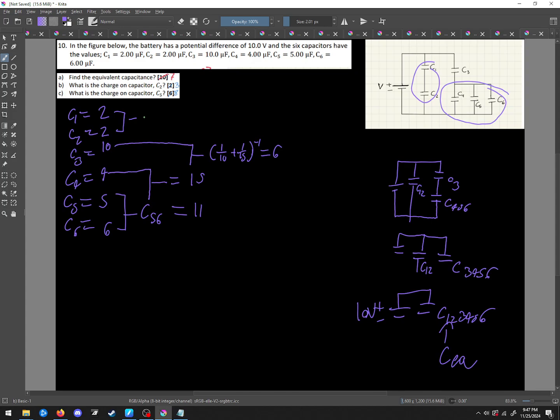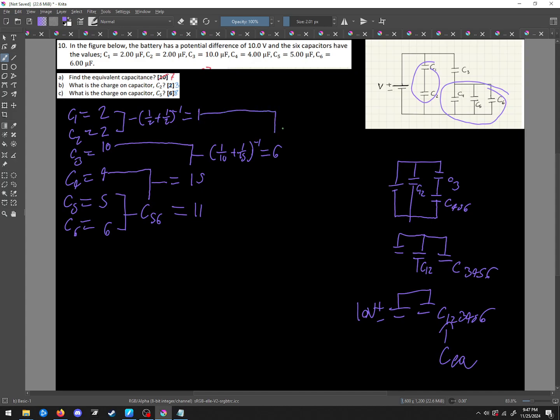So this is going to be equal to 1 over 2 plus 1 over 2, inverse, which is equal to 1.